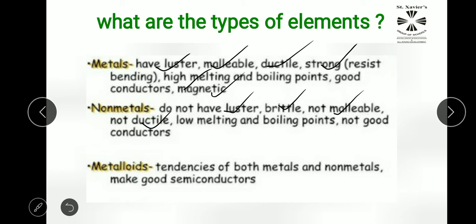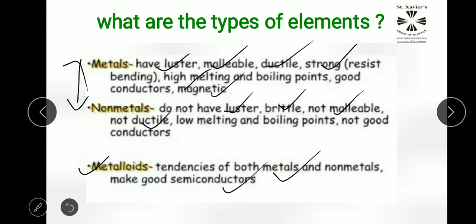They are not good conductors, that means they cannot be used in electrical or heating devices, as they are bad conductors of heat. In the same way, metalloids are in between the metal and non-metal. That means they have the tendency of both metals and non-metals. They make good semiconductors.